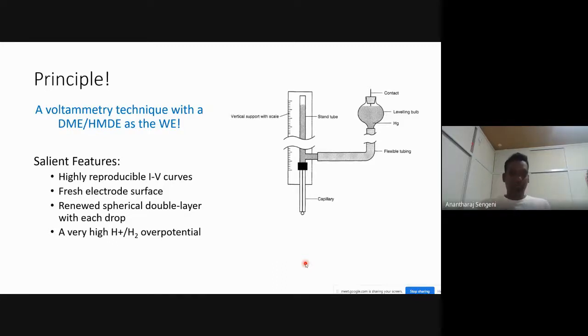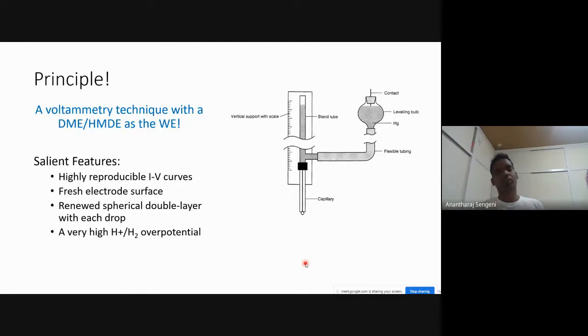So every time a mercury drop forms, there is always a fresh solution, a fresh metallic surface, and no depletion layer. So every time, the IV curve you see with the dropping mercury electrode is highly reproducible. Because the electrode surface is fresh, the spherical double layer is renewed at each drop.